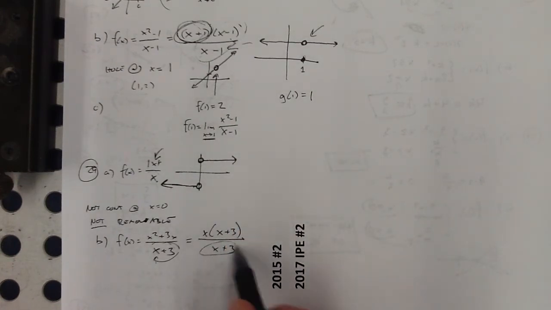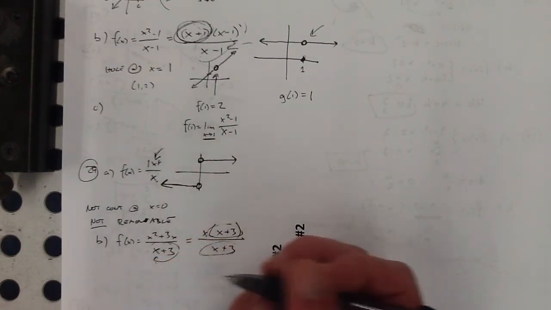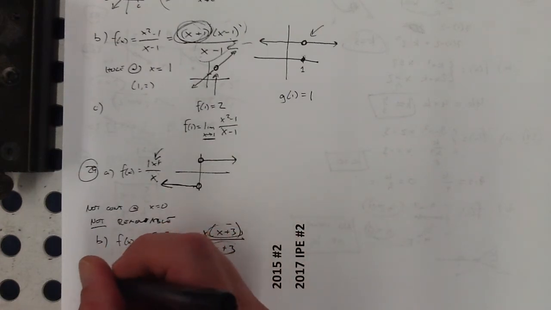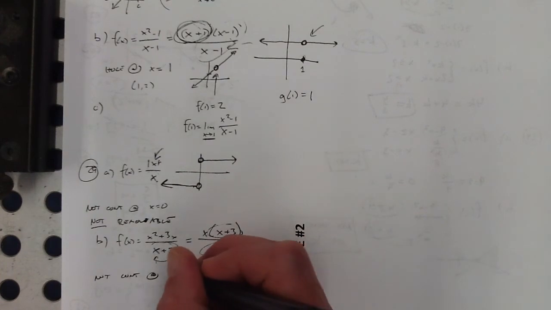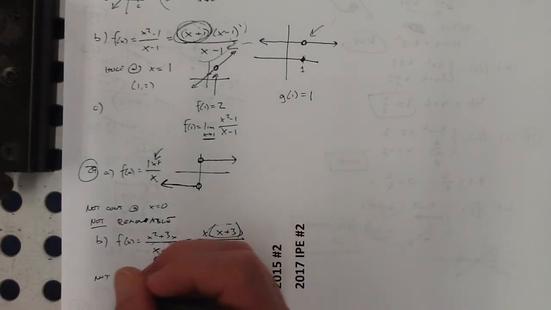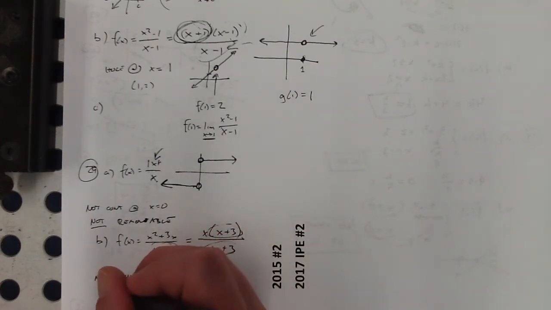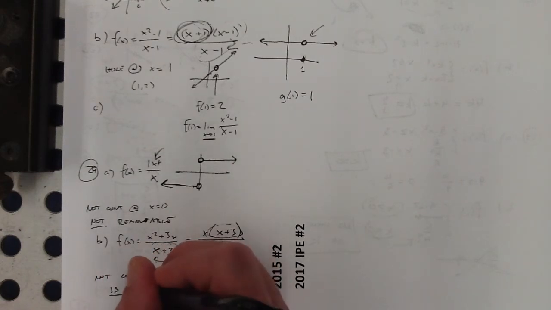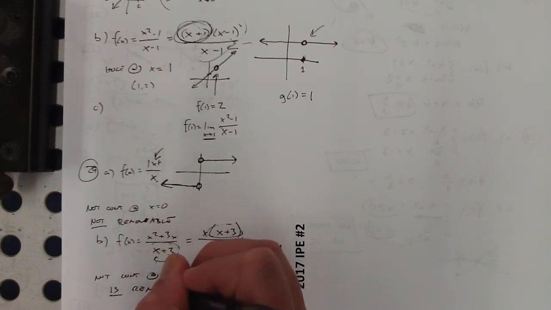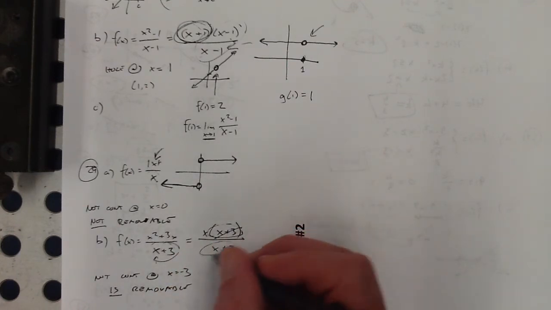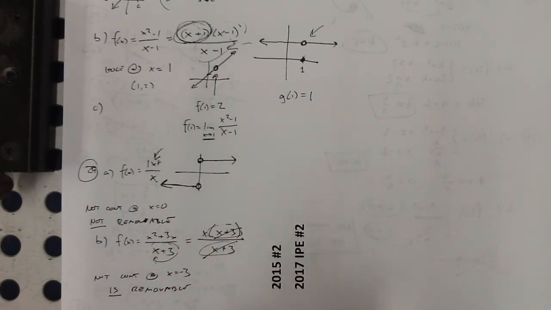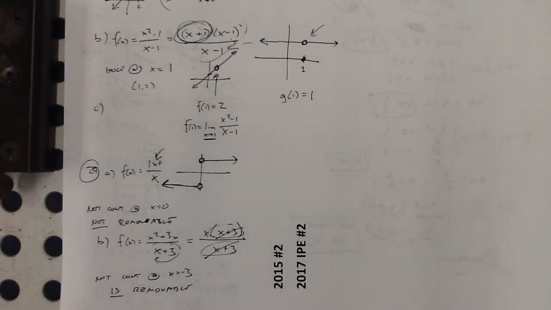And in this case, we got the same factor top and bottom. So this is not continuous at x equals -3, but it is removable, which just means that it's a hole.